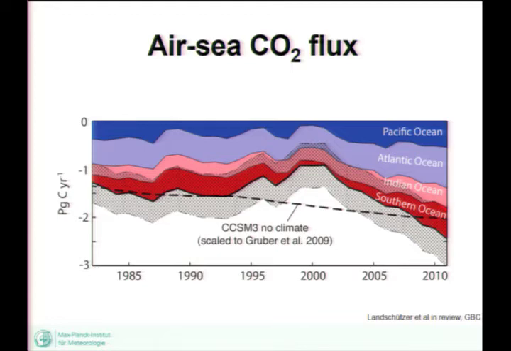So basically what's left is the uptake we would expect from the ocean just based on the increase of atmospheric CO2. And you see quite some departure of the solid line from this dashed line, which very much points in the direction that there's quite a substantial amount of natural variability in the ocean.